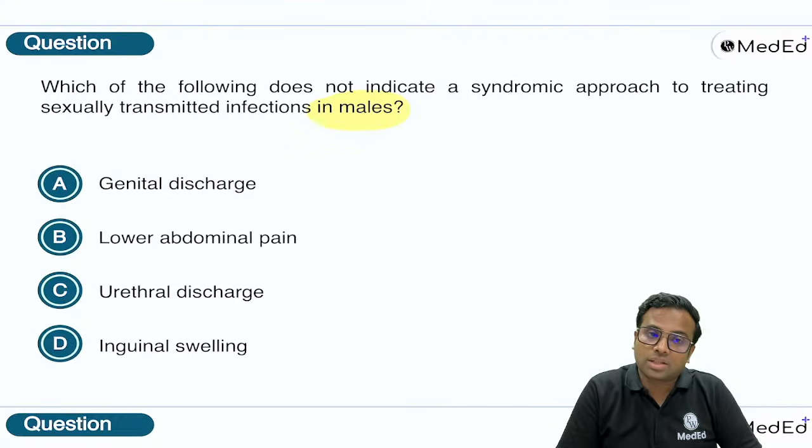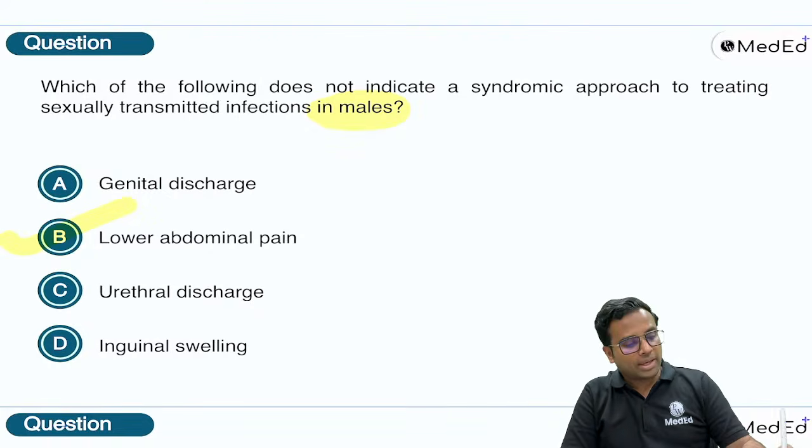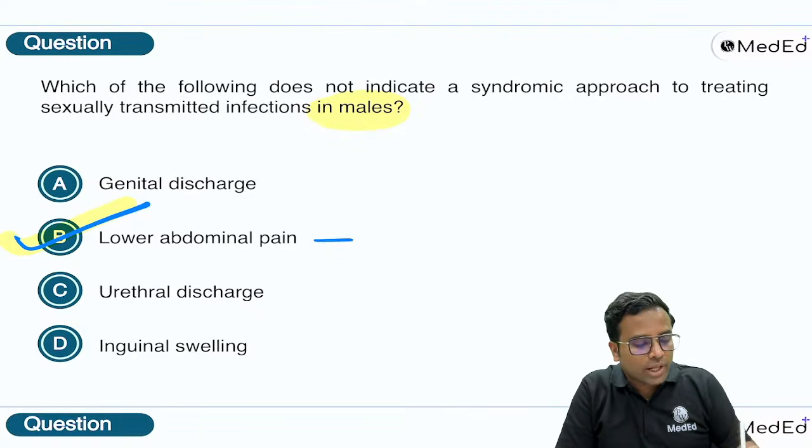Genital discharge is applicable, right? Lower abdominal pain, urethral discharge, inguinal swelling. Yes, all of you are answering it as B, and I completely agree with you. It should be the lower abdominal pain, because this lower abdominal pain is usually associated with females.